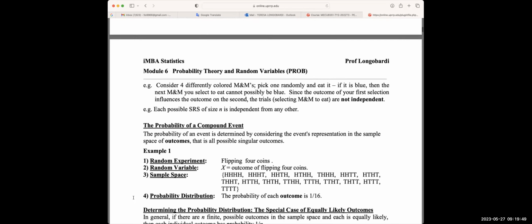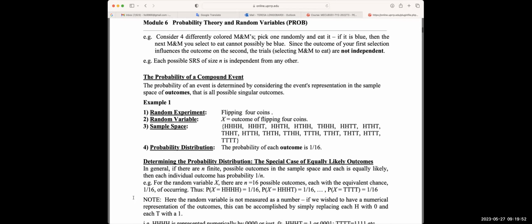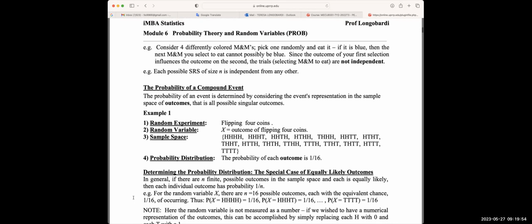Okay, so what about not being independent? What would that mean? How would we describe not independence or no independence? Well, if you are interested in a bag of M&Ms, and the bag of M&Ms has 4 different colored M&Ms and you pick one and you eat it.